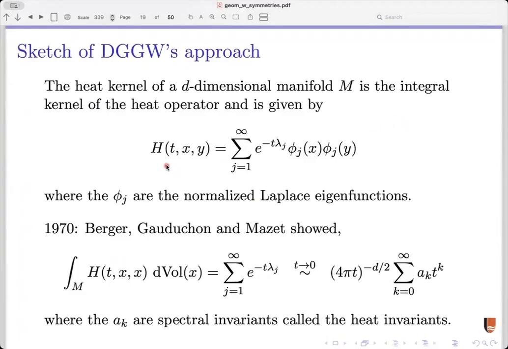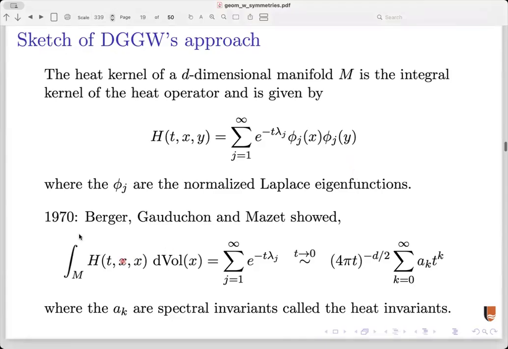So to start with, we'll take the heat operator and the associated heat kernel of the heat operator. So there's our heat kernel. Here we have e to the minus t times our eigenvalues, and then the normalized eigenfunctions appearing. In 1970, Berger, Godechon, and Mazet showed that if you take the heat trace, so you're taking the trace of the heat kernel over your manifold, we get this wonderful sum, which depends on the eigenvalues in particular.